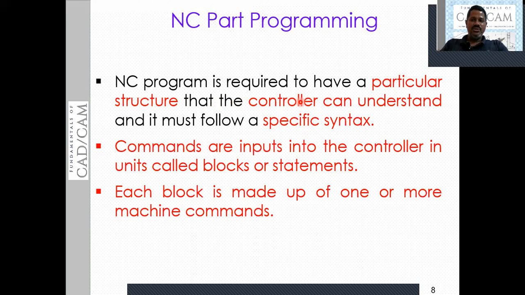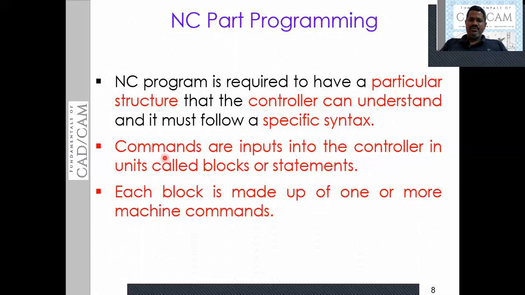Then the machine tool acts according to the instructions. That means CNC programs are written in a specific syntax, which is understood by the controller unit of the NC machine tool.